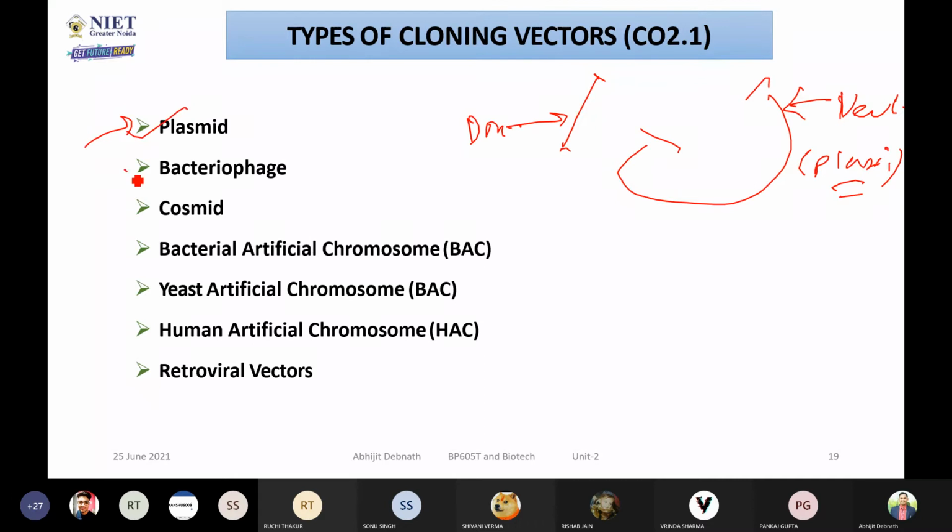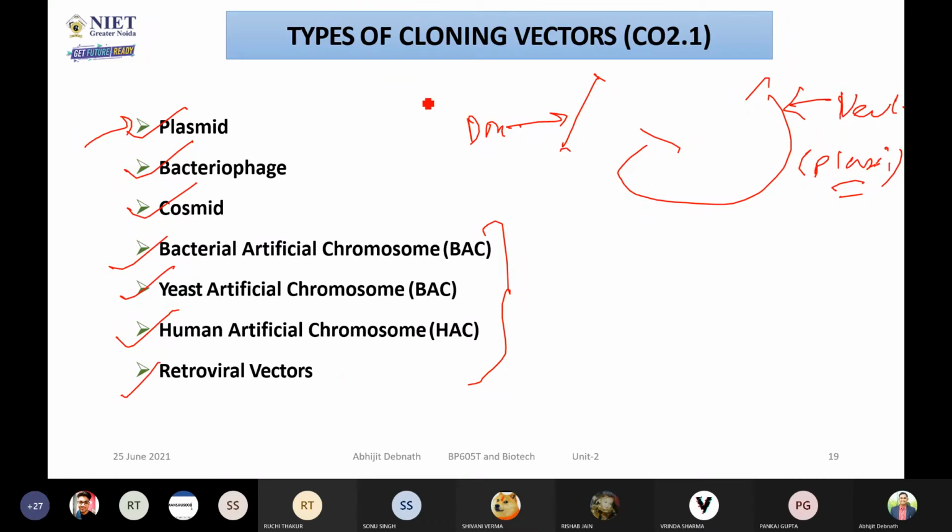Apart from plasmid you can also use bacteriophage, cosmid, bacterial artificial chromosome, in short BAC, then yeast artificial chromosome, human artificial chromosome. Very important: whatever artificial things you are observing are made in the lab. These are not available naturally, they are synthetic. Then retroviral vector.